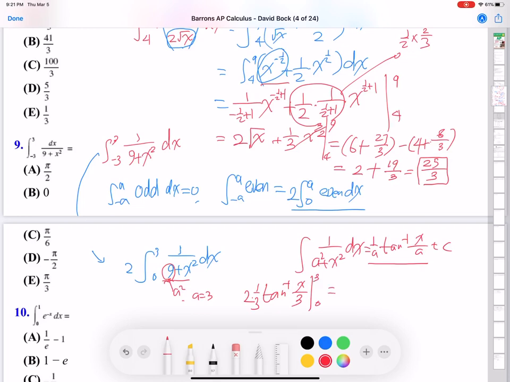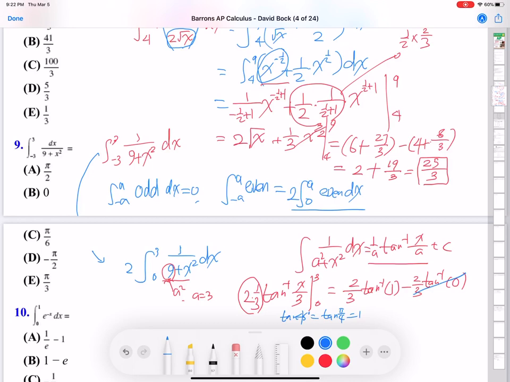If x equals 3, this part is 2/3 tangent inverse of 3 over 3, which is 1, minus 2/3 tangent inverse of 0. Tangent 0 is 0, so tangent inverse 0 is 0. Tangent of pi over 4 means tangent 45 degrees, right?